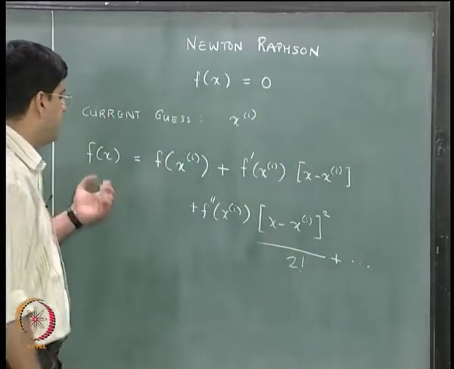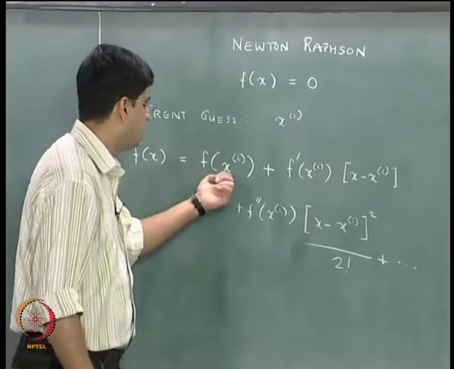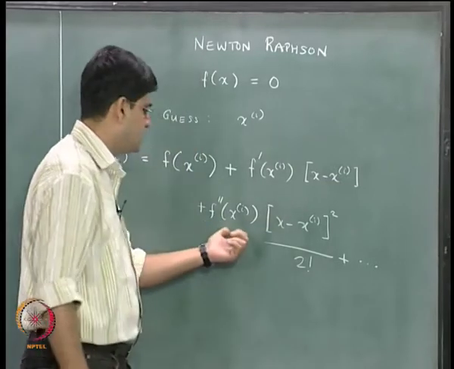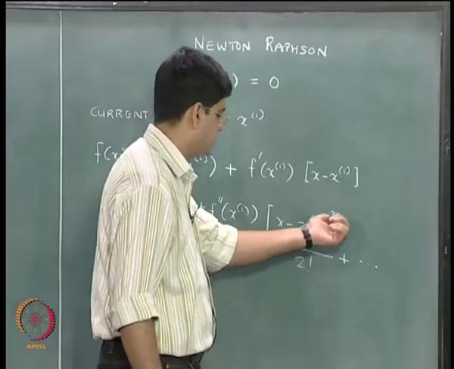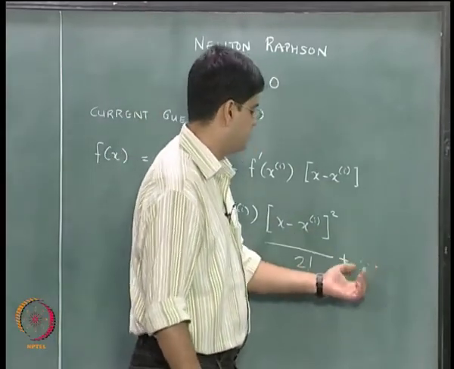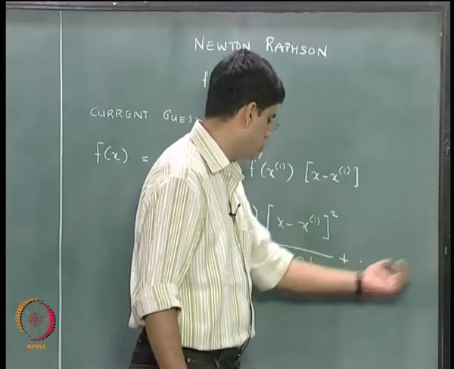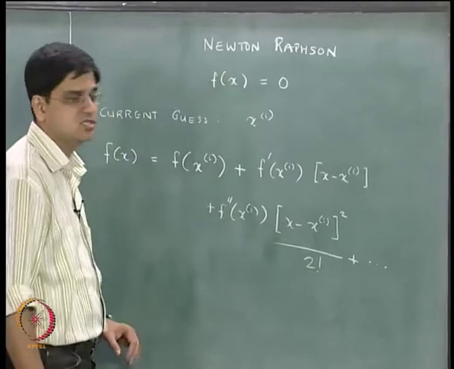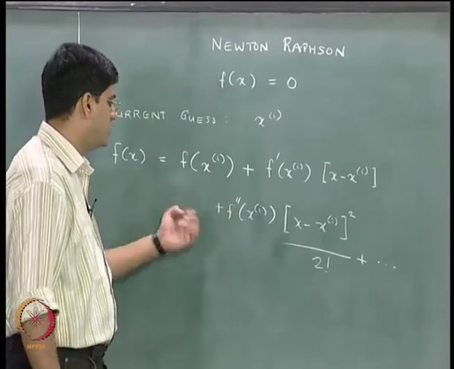So f of x can be written as f of xi plus f dash multiplied by x minus xi plus f double dash multiplied by x minus xi squared by 2 factorial plus f triple dash times x minus xi cubed by 3 factorial, so on and so forth. It is an infinite series that we are going to look at.